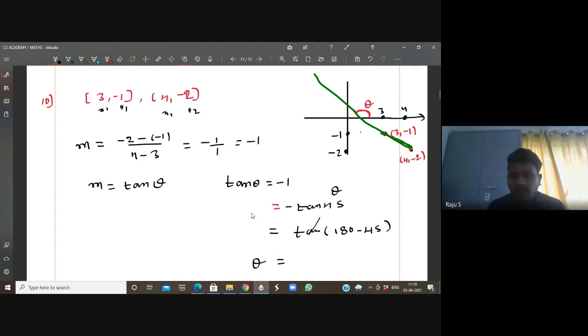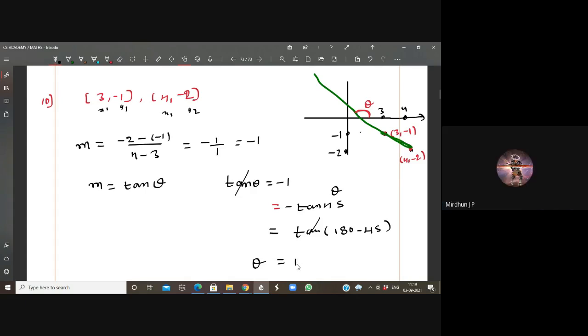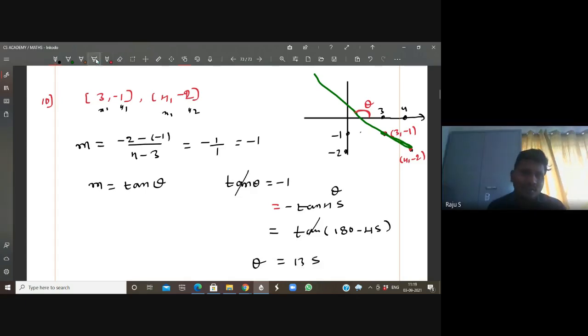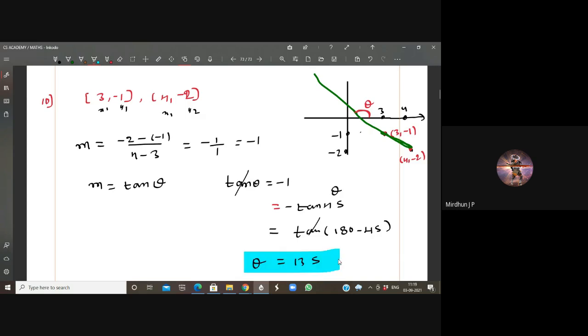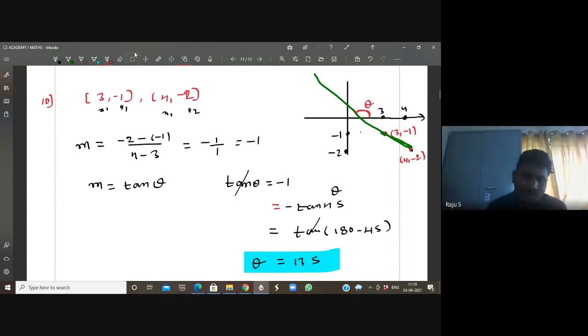Now cancelling these, theta is equal to 180 minus 45, which is 135. We can do this directly also, since tan theta will be 1 for 45 degrees. If it is an objective question, we directly write it within 10 seconds. But in NCERT, you have to write it like this: 135.